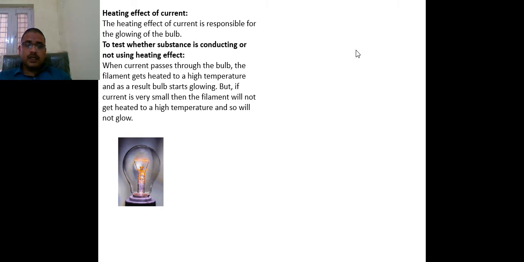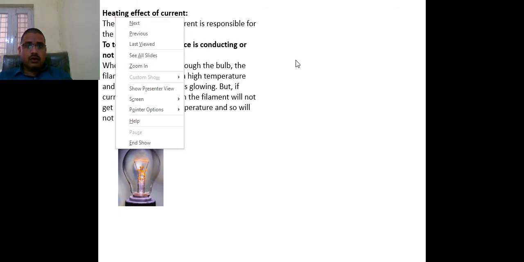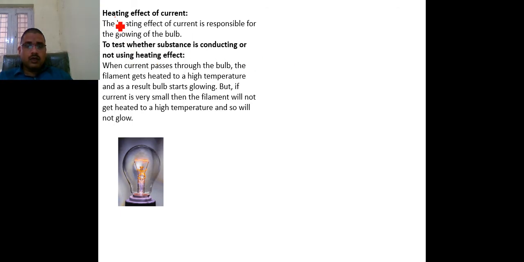When the current flows continuously for a long period of time, we can observe that heat is created, and that is basically called the heating effect of the electric current. The heating effect of current is responsible for the glowing of the bulb. You can see here why bulbs glow, and it is because of the effect of the current.